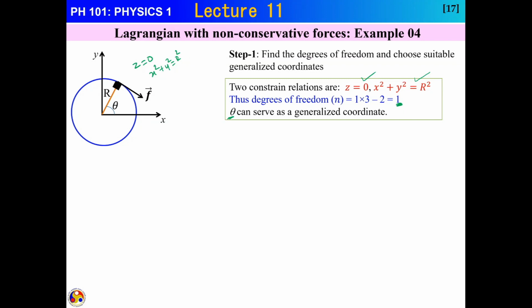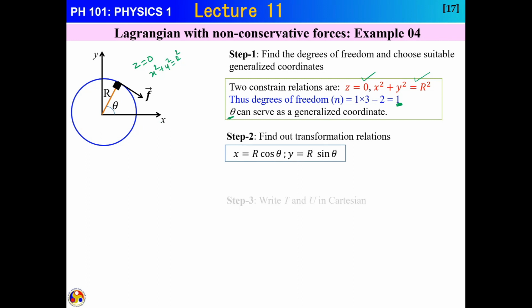Now once you have this degrees of freedom, you can find the transformation relation. So you have x, which is r cos theta, and y equal to r sin theta. And once you have that part, now you go on writing T and U in Cartesian. So you can very well say that without any difficulties.